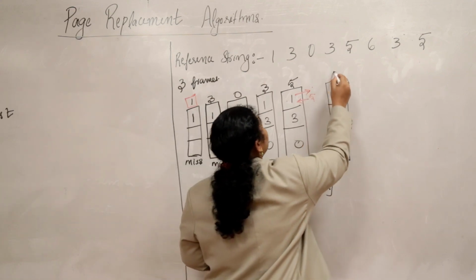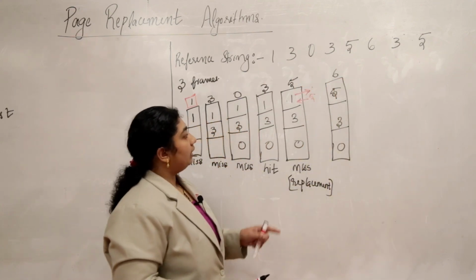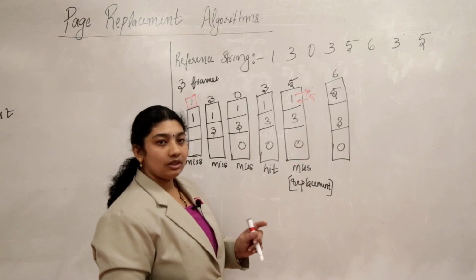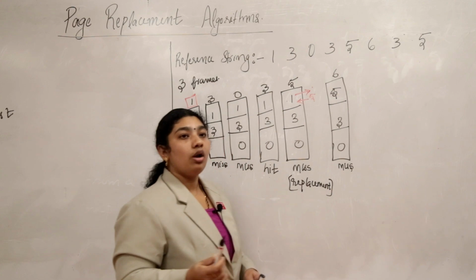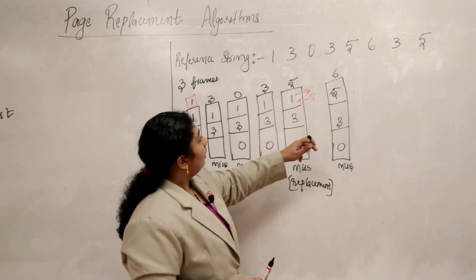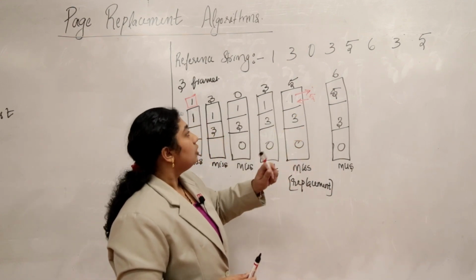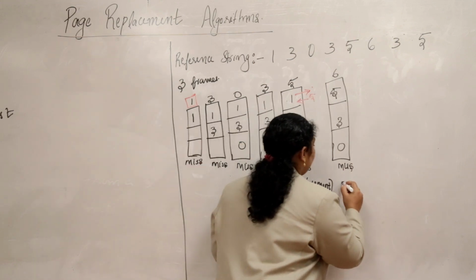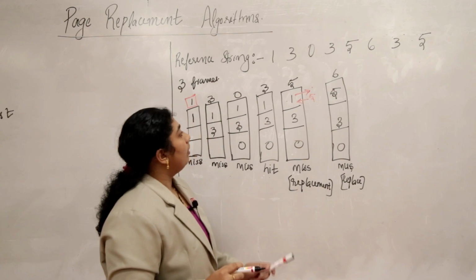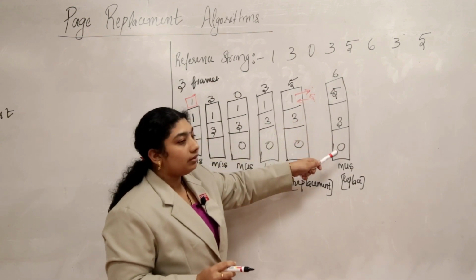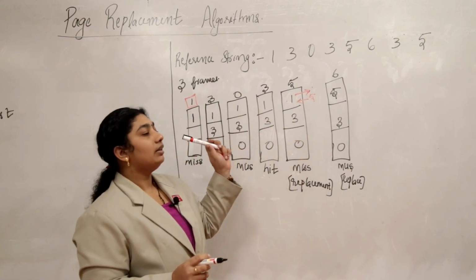Again the next requested page is 6. We'll check whether 6 is present. 6 is not present, so it is again a miss. We need to load the page, but there is no free space. So again we need to go for a replacement. So again we check which among the 3 is the oldest one that was brought in.